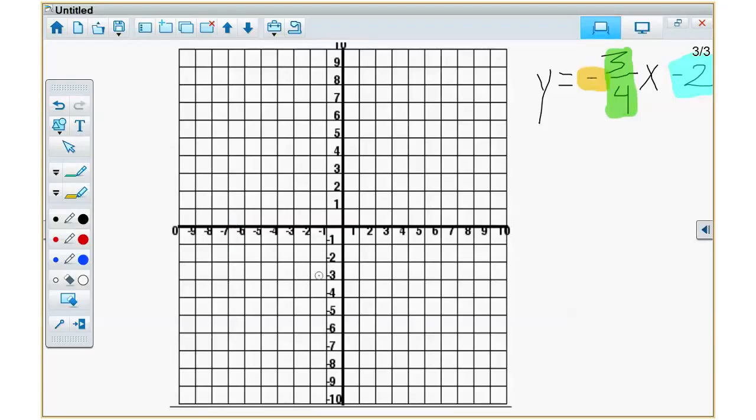Now follow along with your handout. After you write down the information, what point do you plot first? The y what? The y-intercept, or the y vertical shift, whatever you want to call it. That would be (0, -2).